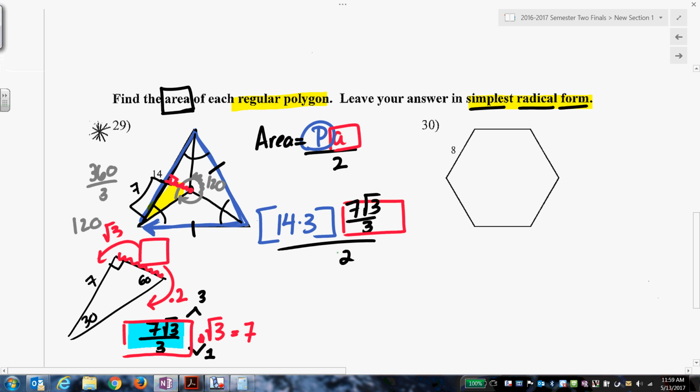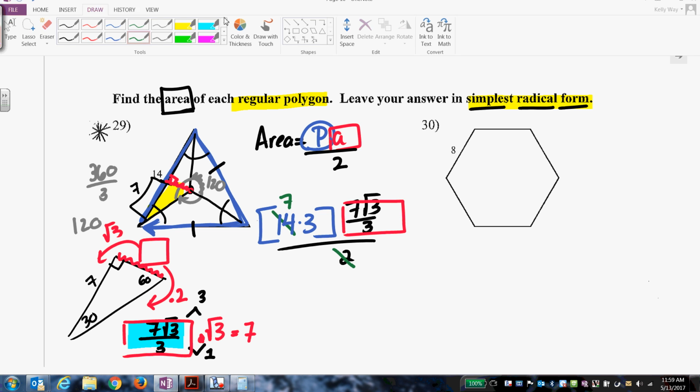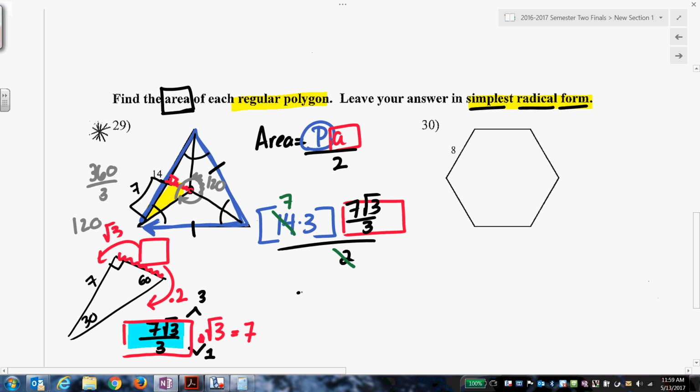Go over here, the 2 goes into the 14 7 times. Let's clean up what's left. We have 3 times 7 root 3. And then that is the 7 on the outside.